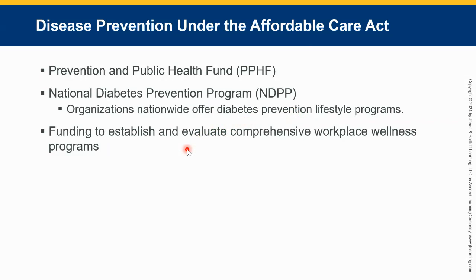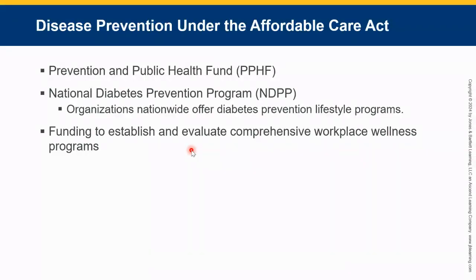Funding to establish and evaluate comprehensive workplace wellness programs. In 2011, $10 million in federal funding was available to establish and evaluate comprehensive workplace wellness programs. Beginning in 2014, $200 million in wellness grants was made available to small businesses to encourage the establishment of wellness programs and employee health promotion incentives.